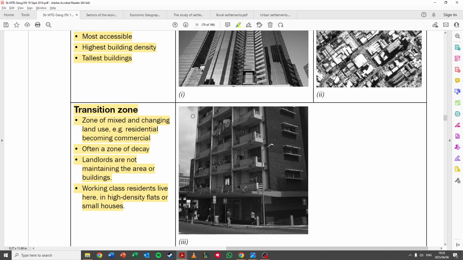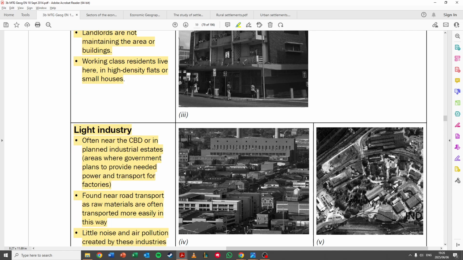A lot of the time, when the CBD starts to expand, it goes into a transition zone, and a lot of people buy places up, they renovate them, more people move in, and then eventually this whole process goes over again. But unfortunately, a lot of landlords don't want to spend the money now because they're still going to be able to make profit in the future.